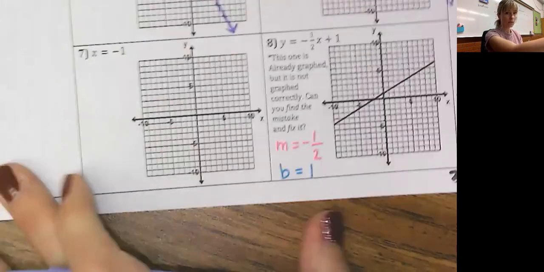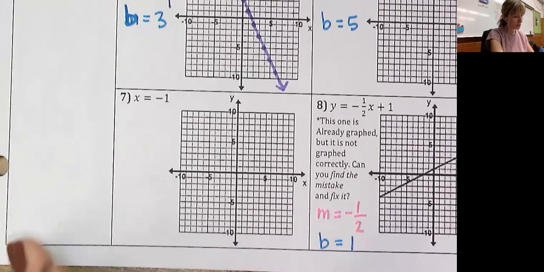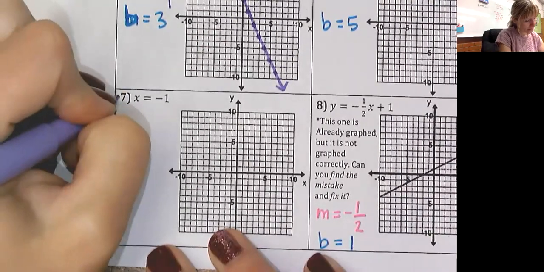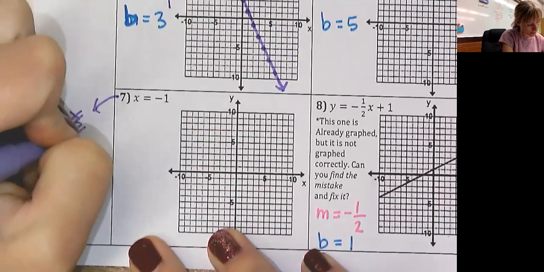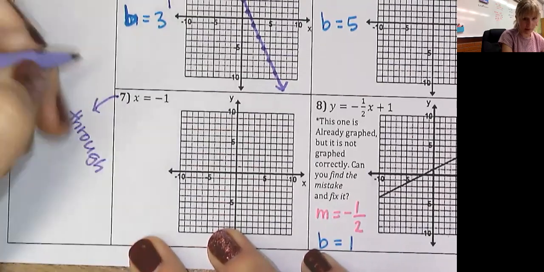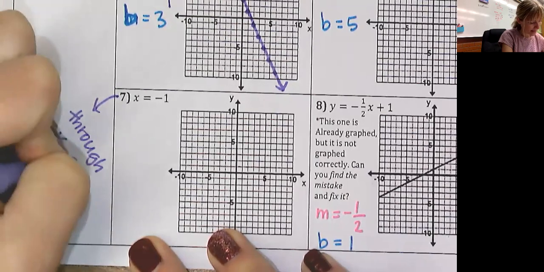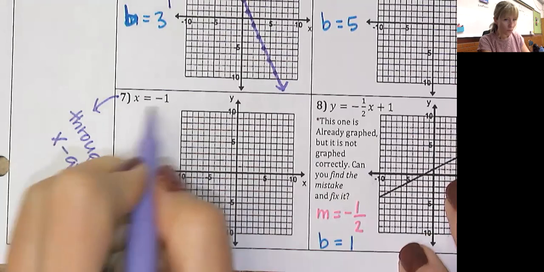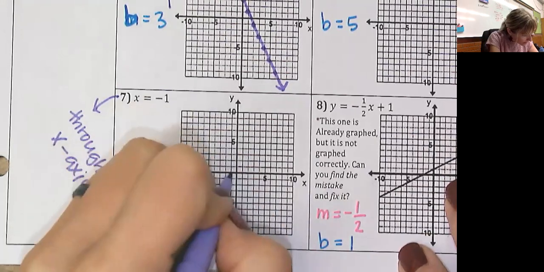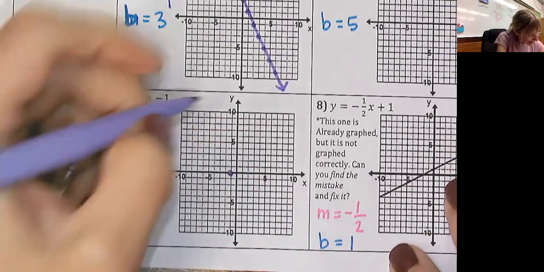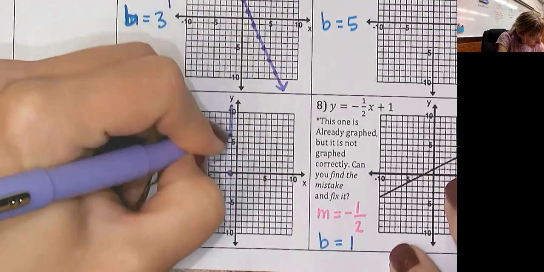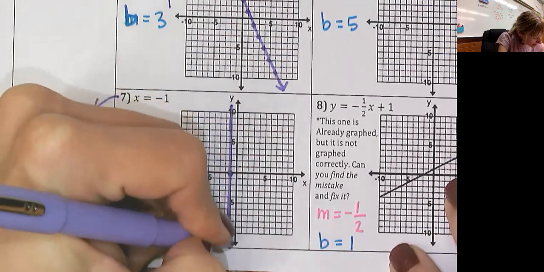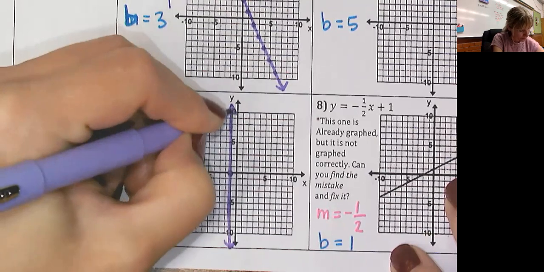And this especially weird one, you're going to do a lot more of these with Miss Johnson next week, so I'm just going to show you really quickly here. This one is going to go through, instead of the y-axis, guess what happens? It goes through the x-axis. And where does it go through the x-axis? Right here at -1. So I'm going to put a dot on the x-axis, and this is actually the one equation on this paper that does not fit y equals mx plus b.